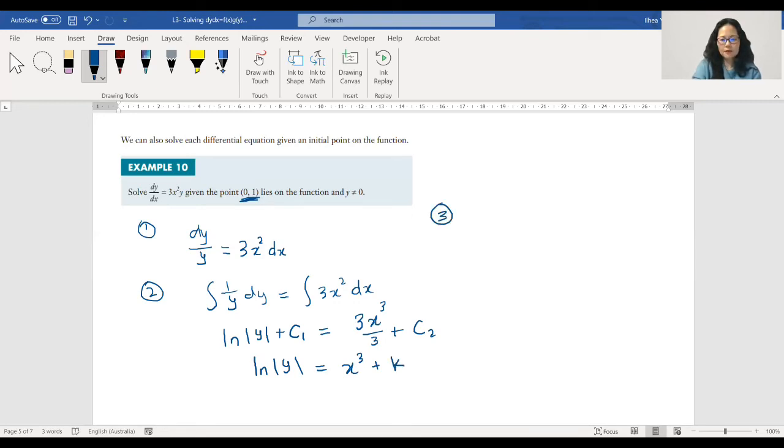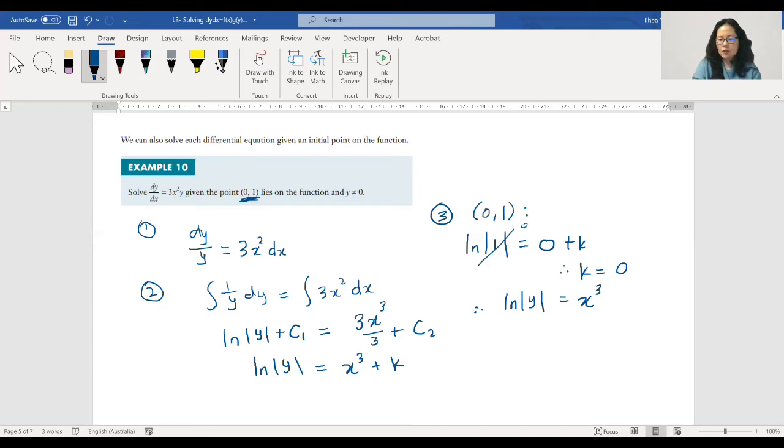We have the point 0 and 1. All right, so I'm going to put ln 1 equals 0 plus k. So therefore, my k is 0, guys. k is 0. So my equation is ln y equals x to the power of 3.